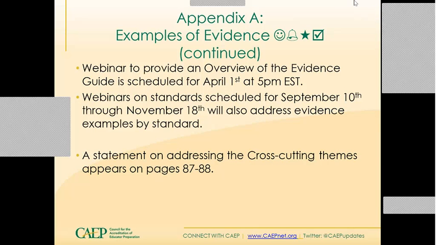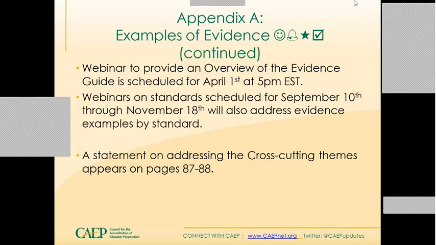So as we spend time digging into Standard 2, for example, we'll look specifically at what are the pieces of evidence that CAPE considers common, what are some of the new pieces of evidence that it might look for, and how those evidence submissions are going to be evaluated by CAPE.